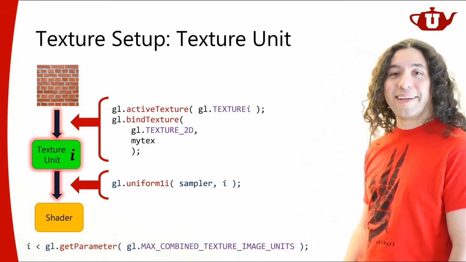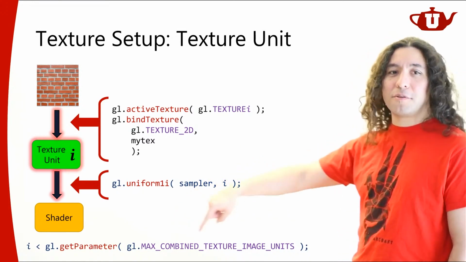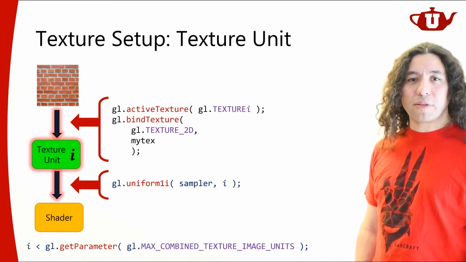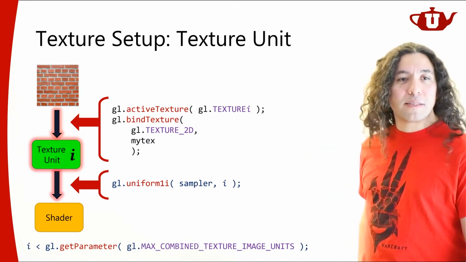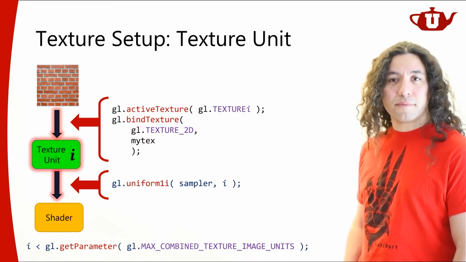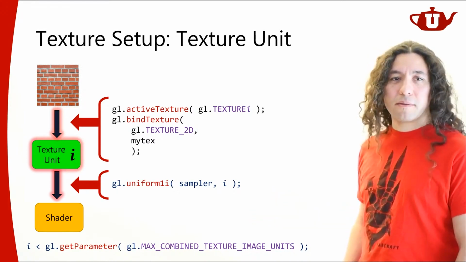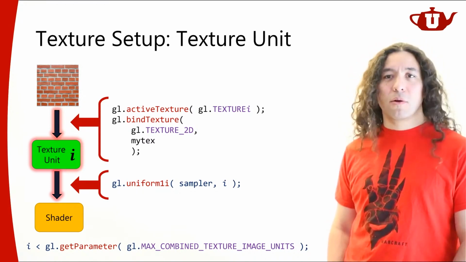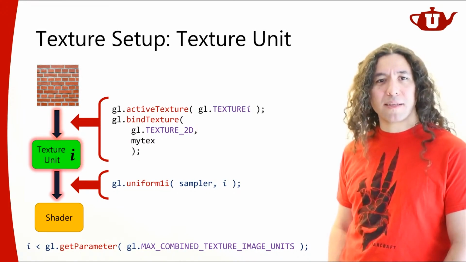Here's how you do it. So you say, GPU, tell me how many texture units you support. All right, so I needs to be a value smaller than this maximum. That's going to tell you how many units are supported by the GPU that this code is running on. So if you're just using, I don't know, just a couple of textures, you don't need to worry about it. But if you set a shader that is using 3264 textures, maybe you should check that the GPU actually supports that.